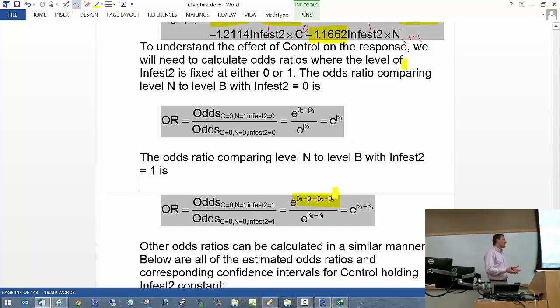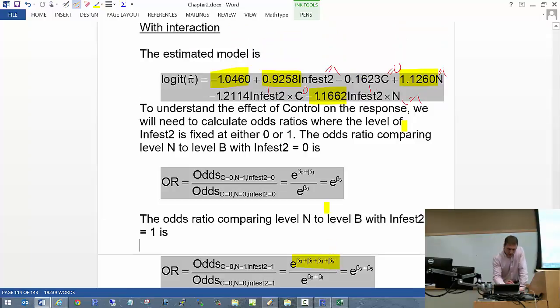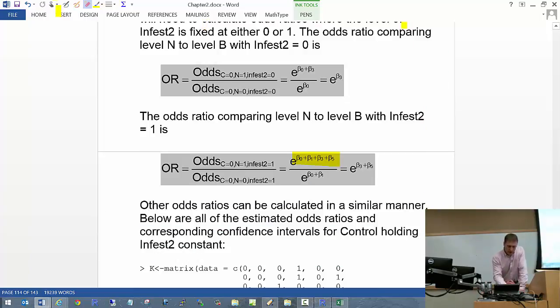When I need to find now the odds with respect to infest2 equal to 1 and also control method of B, look what happens. This beta disappears, and that beta disappears as well. So what you're left with then for the odds ratio is e to the beta 3 plus beta 5.